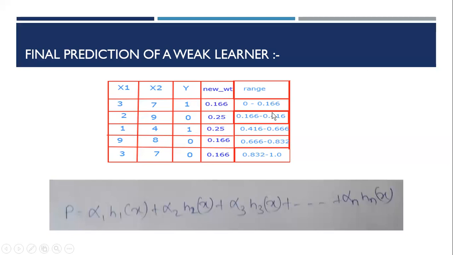So the second row will be taken two times, the third row will be taken two times, total four rows. And suppose another number fell between 0 and 0.166, so the first row will be taken, for a total of five rows.